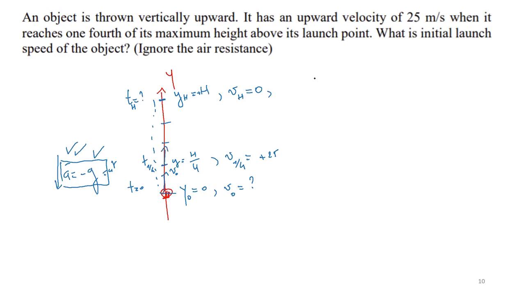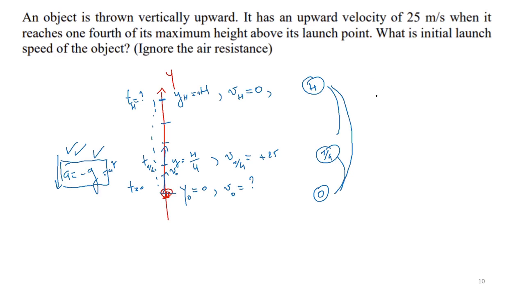So here I have 3 points. I have point 0, I have point 1/4, basically at 1/4 of maximum height, and then I have a point H. So I can apply my constant acceleration equations, either between these two, or these two, or these two. Here I'm talking about velocity.